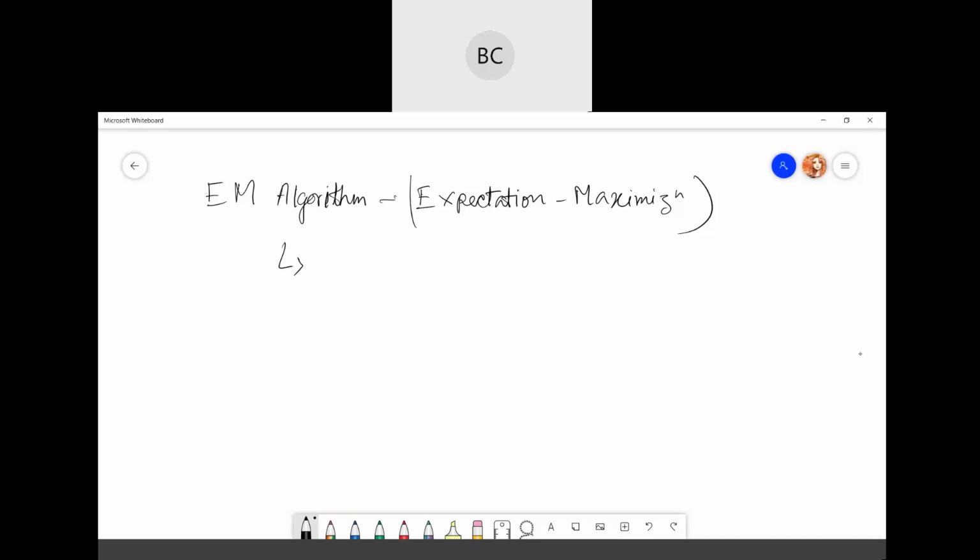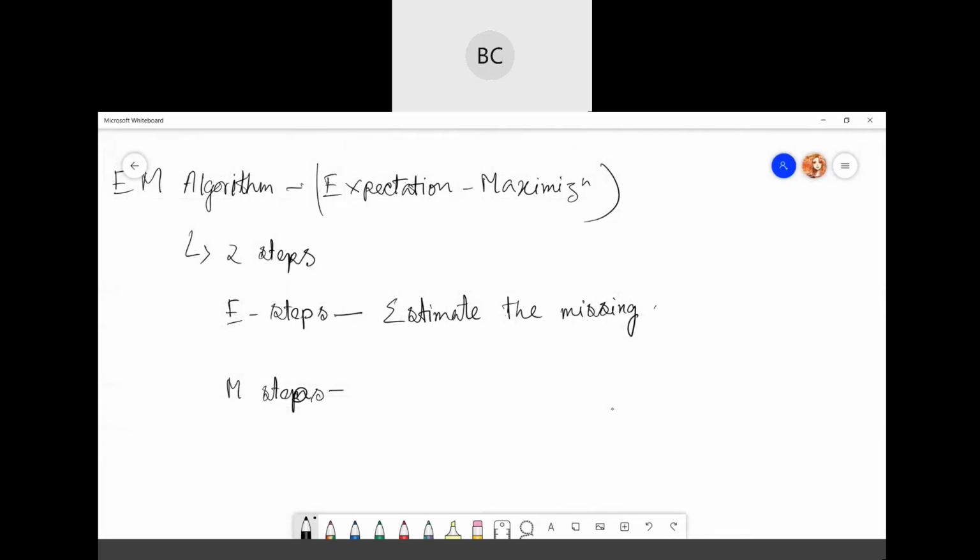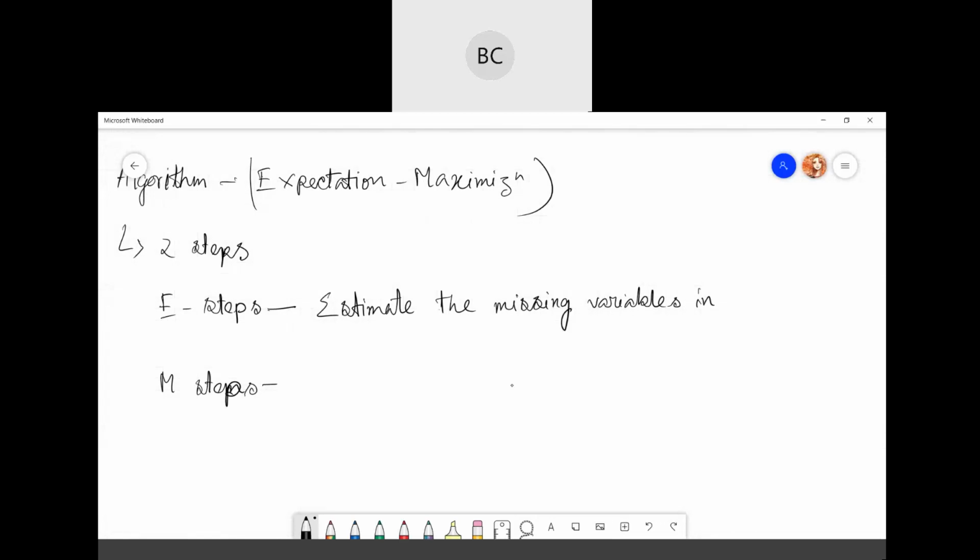So what happens in the E step is just to estimate the missing variables in the data set.